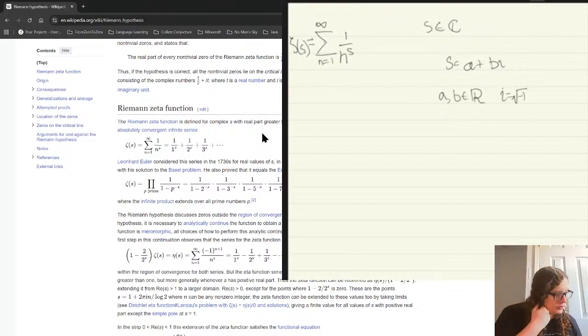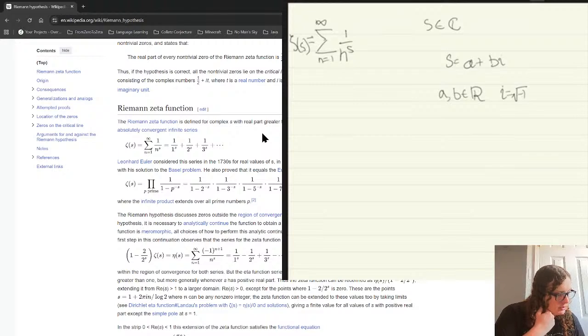Specifically, Euler proved that zeta of 2 equals the infinite sum from n equals 1 to infinity of 1 over n squared. That equals pi squared over 6.